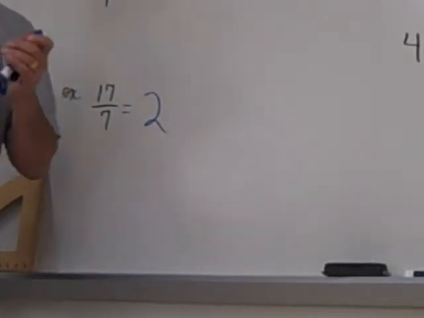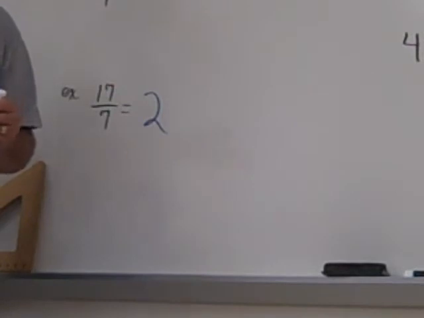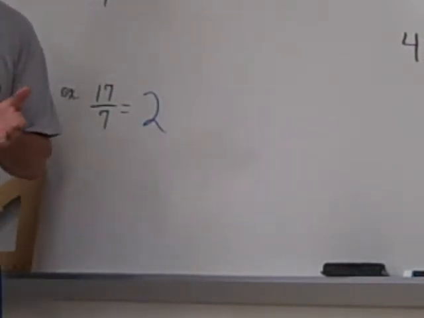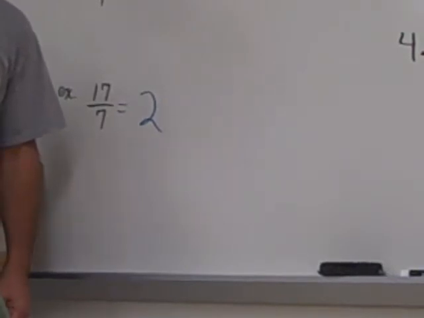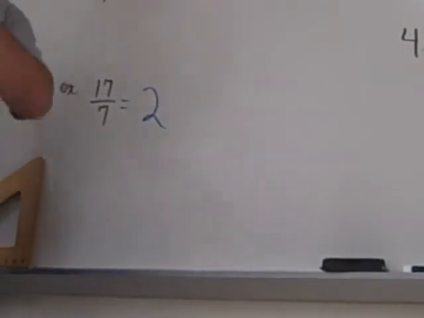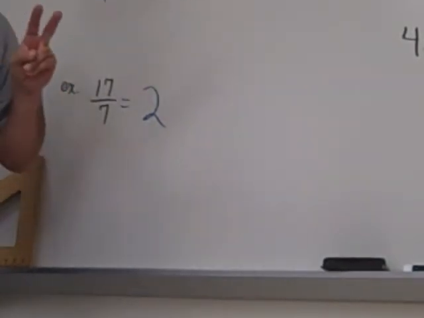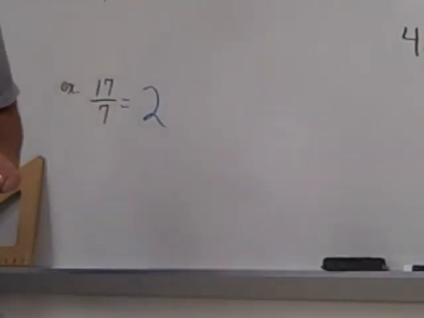I had 17, I took 14 out of it, and how much is left over? 3. Notice we're doing our division in our head, aren't we? Ooh, we got to be smart mathematicians. 7 divides into 17 2 times with remainder 3. But we don't call it remainder, it's now leftovers.